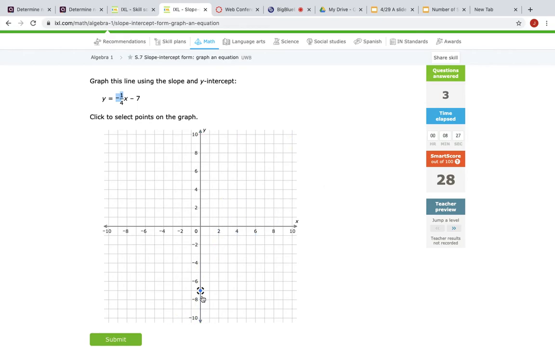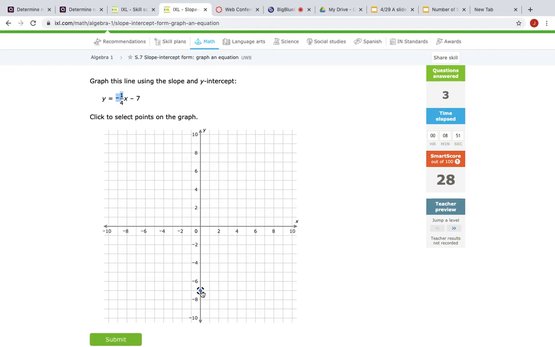So instead of going down 1 and to the right 4, I can go up 1 and to the left 4. When we have a negative slope, one of the two, my x or y, has to be increasing. There's one positive move, my y increased and my x decreased.